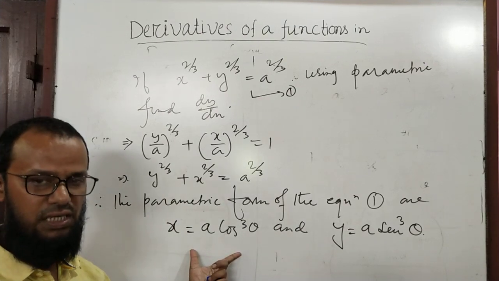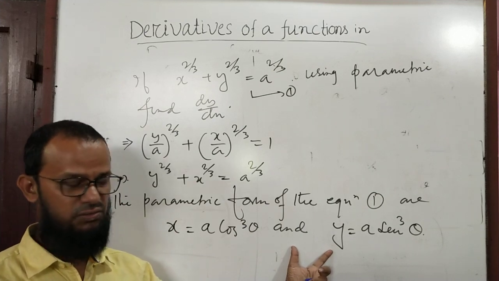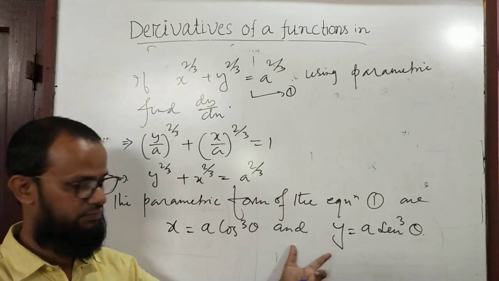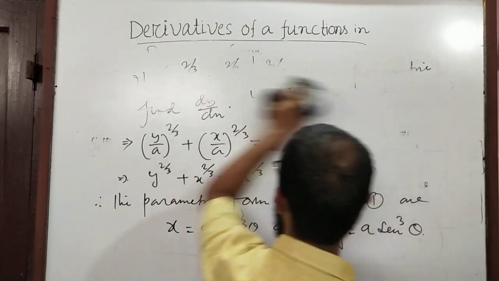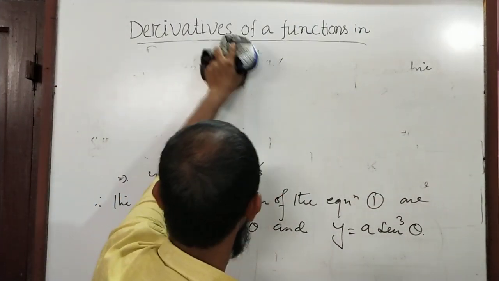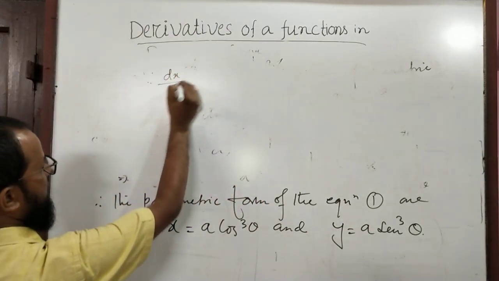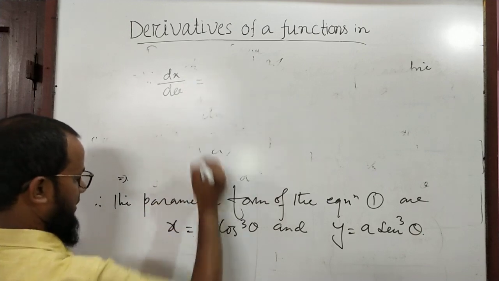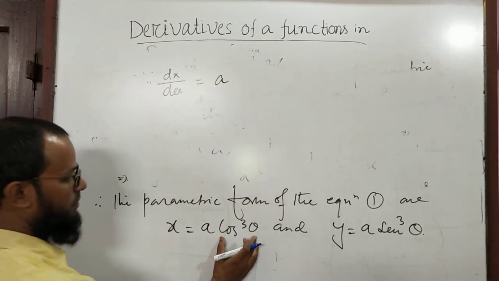Now you are going to find the derivative of this particular function using parametric form. First you find dx by d theta. Therefore dx by d theta is equal to a, which stays outside. Now what is the derivative of cos cube theta?